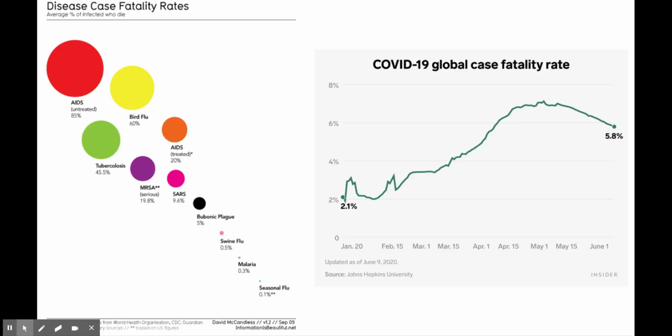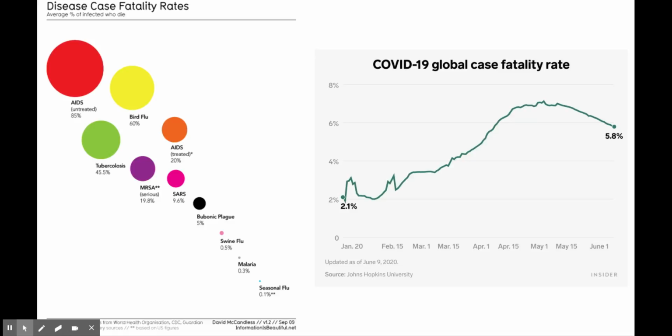That was at 9.6%. Strains of avian influenza or bird flu can be 60%. Some Ebola outbreaks have been higher than 90%. And you can see that our understanding of the fatality rates for COVID has been changing.